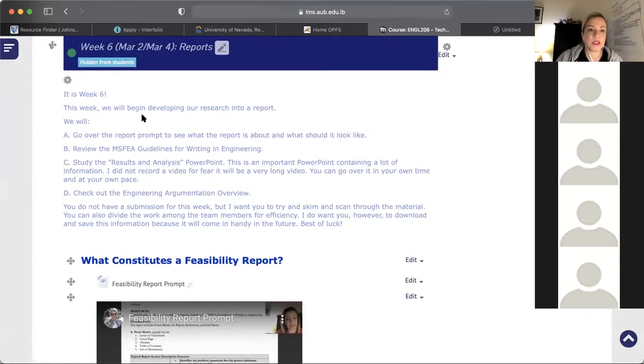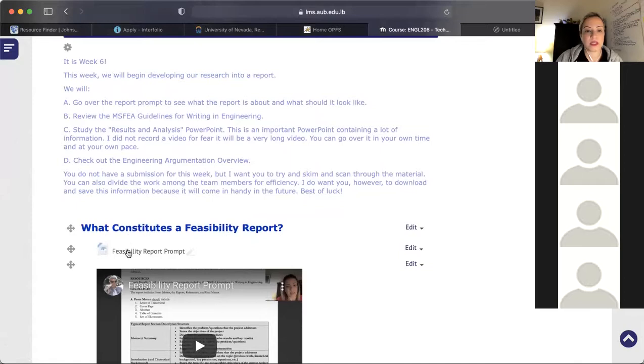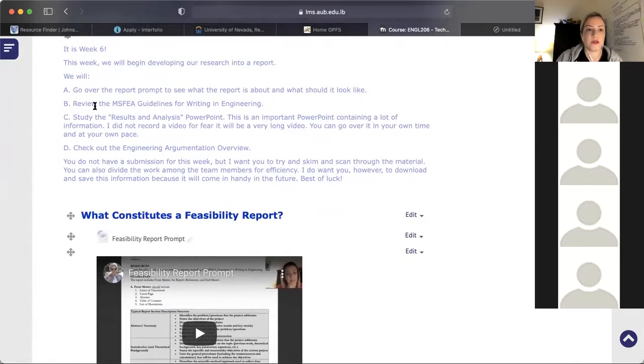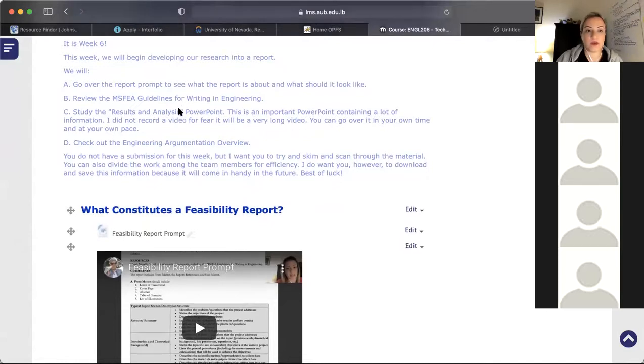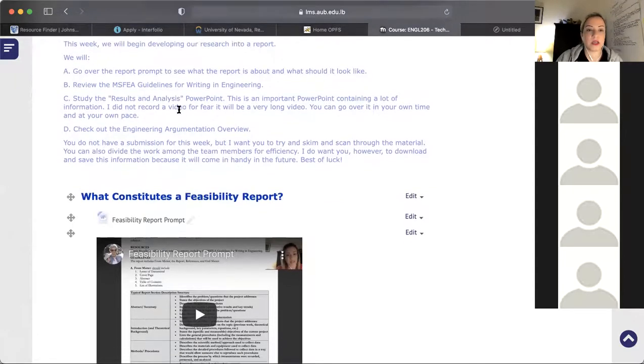So it's week 6. This week we will begin developing our research into a report. We will go over the report prompt to see what the report is about and what it should look like. So I want you to review the MSFEA guidelines for writing and engineering, review the prompt, study the results and analysis PowerPoint that I have for you, and check out the engineering argumentation overview.